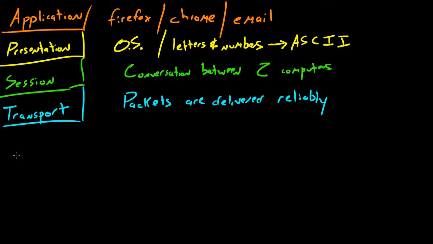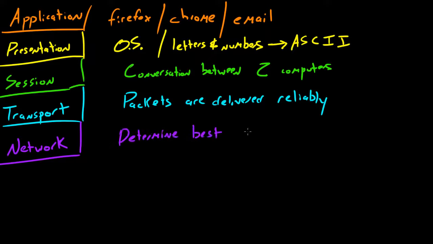Purple looks good. The next layer I want to talk about is the network layer. Let me make sure. 1, 2, 3, 4, 5. Alright, I got 2 more, plenty of space. Now, the network layer is basically going to determine the best route for data.